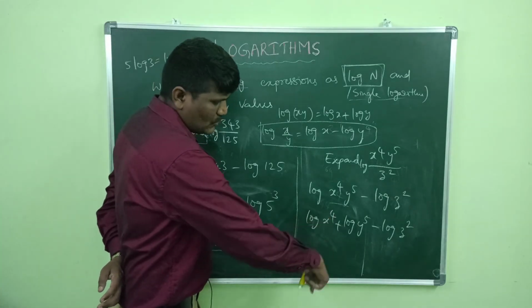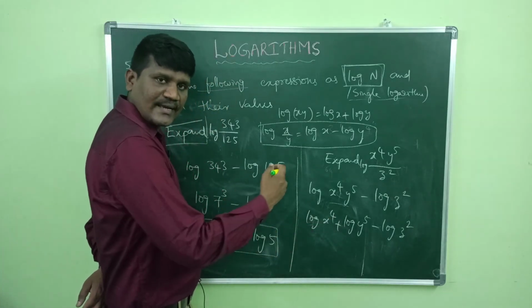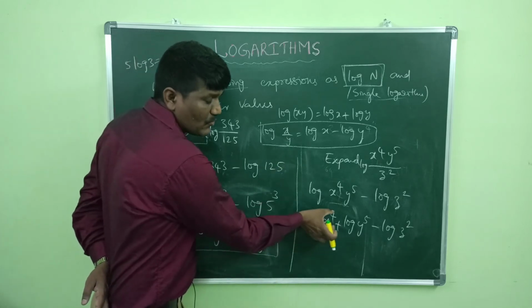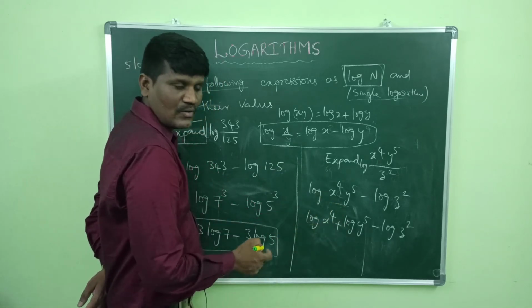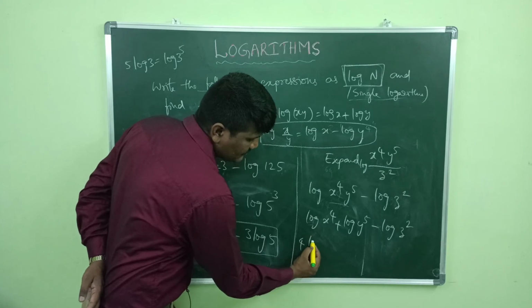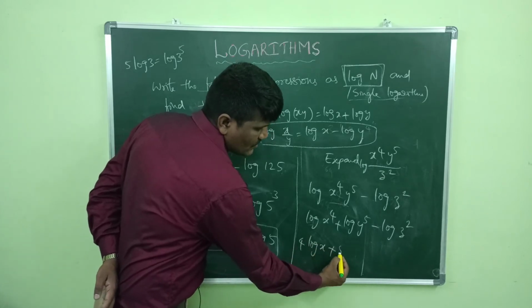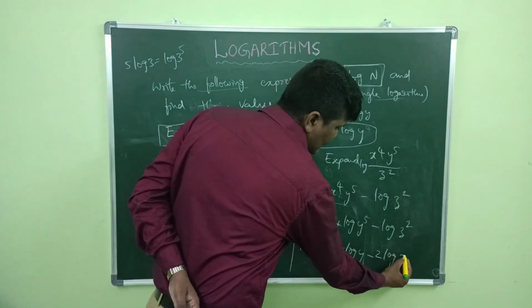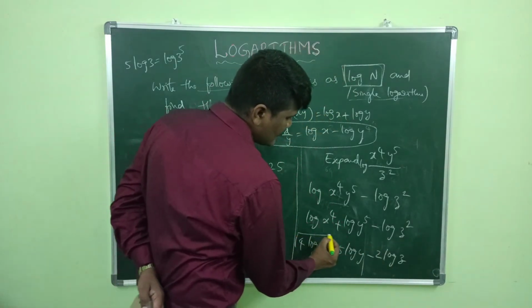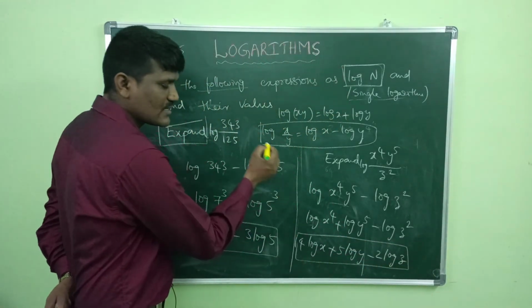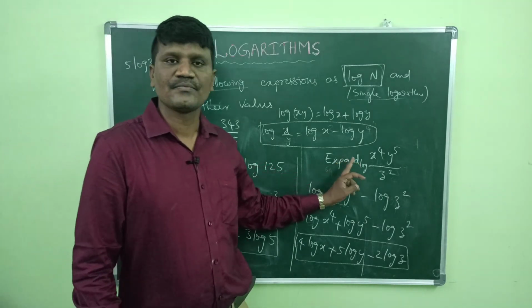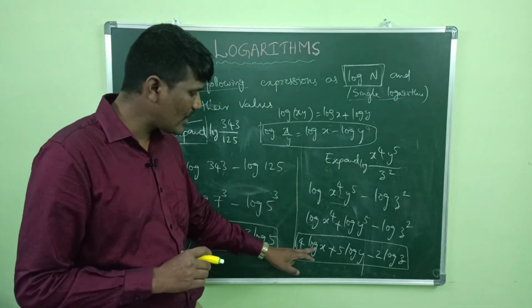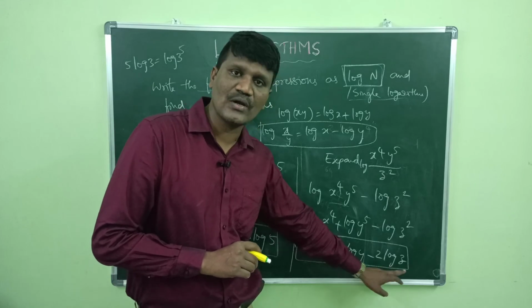Now we can do further expansion. Using the power rule, log x power 4 is 4 log x, plus 5 log y minus 2 log z. So this is the expansion of the given question: 4 log x plus 5 log y minus 2 log z.